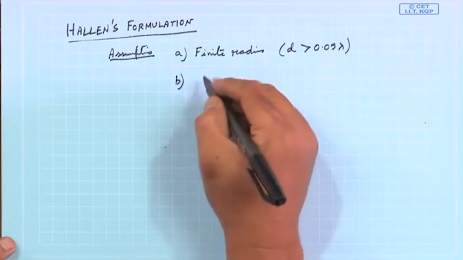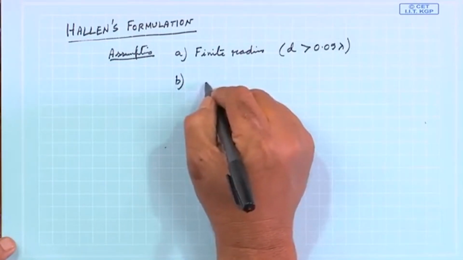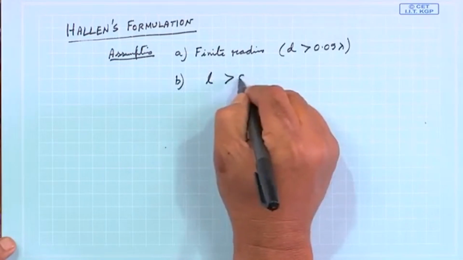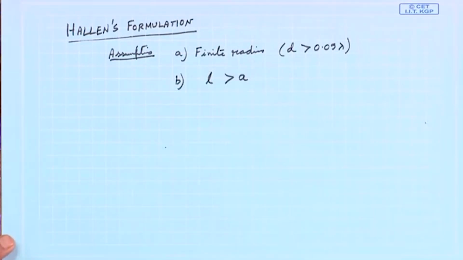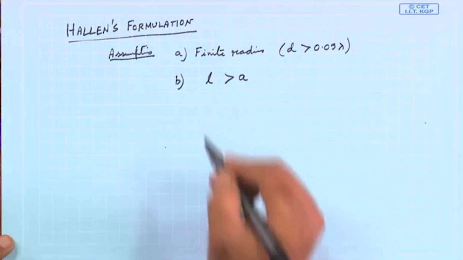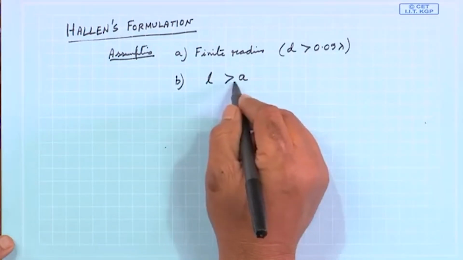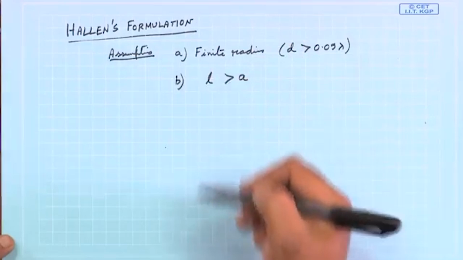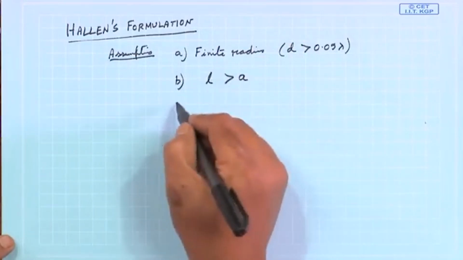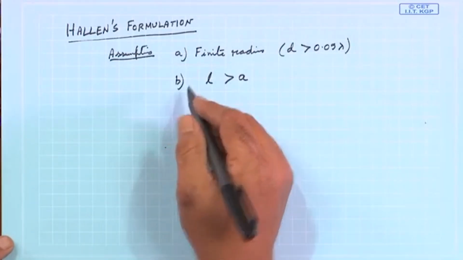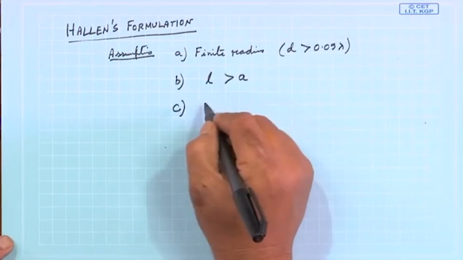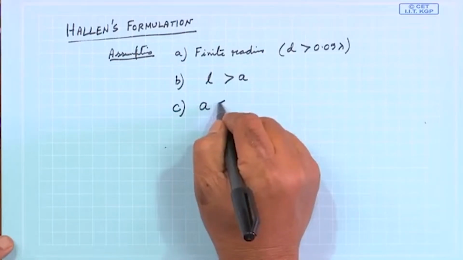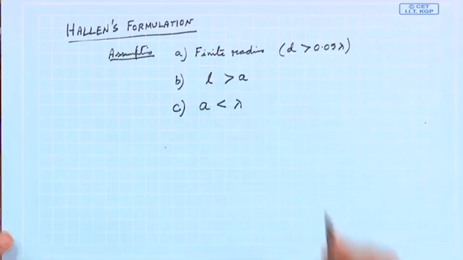Then the dipole is long, so L is greater than a. I am not writing much greater, because this is applicable for all these cases, but L should be greater, and also we require that a should be much less than lambda.